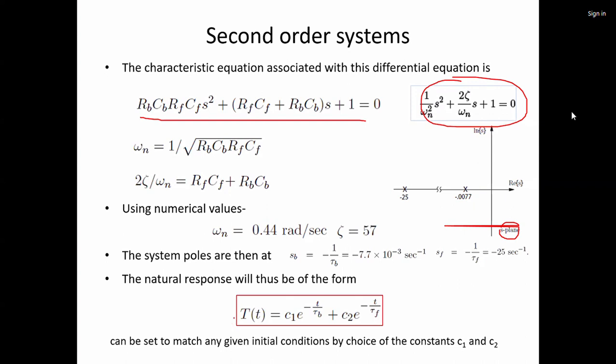So you can write the natural response as C1 e to the power minus t over tau b plus C2 e to the power minus t over tau f. This is how you would analyze a typical second order system, study its response in terms of the frequency and the damping coefficient, if you know the geometrical parameters and the properties of the system. And you can get a solution to the response of the system as well.